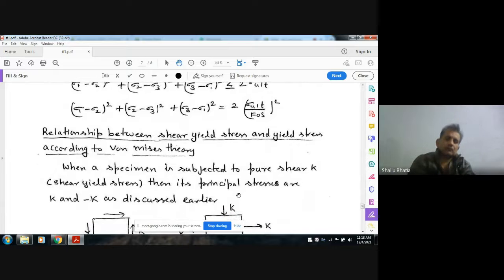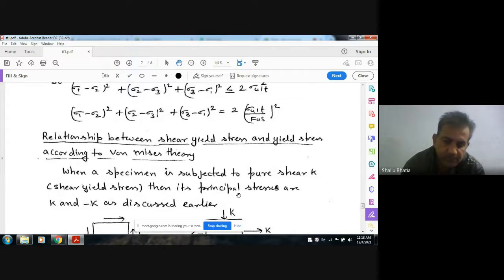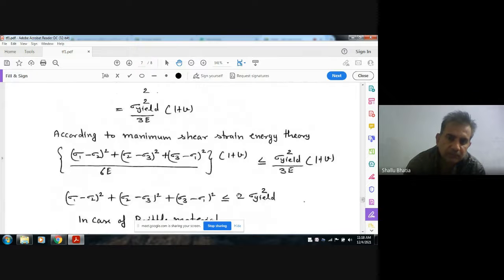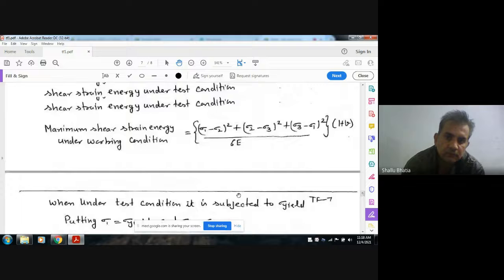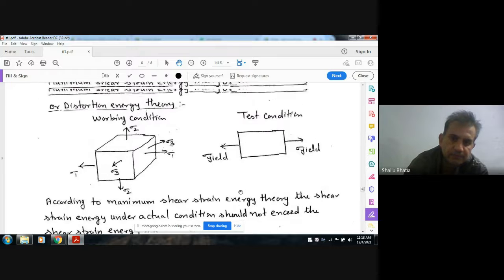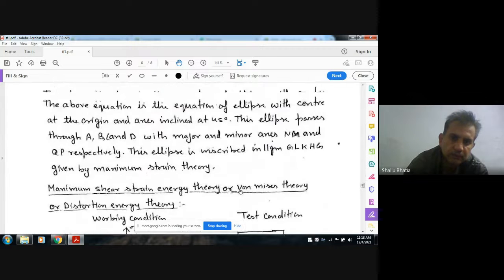Now one more article. According to maximum shear stress theory, the relationship between shear yield stress and normal yield stress is this.